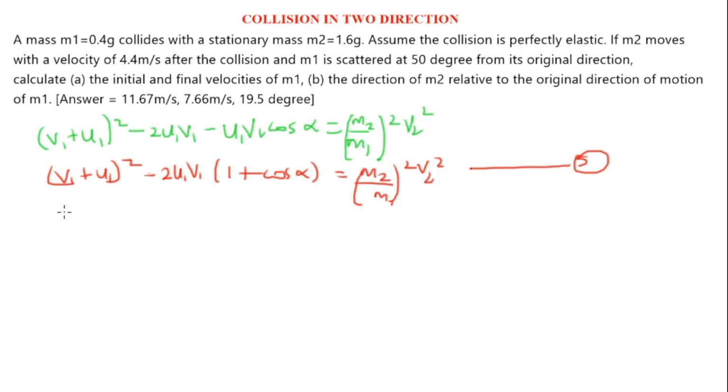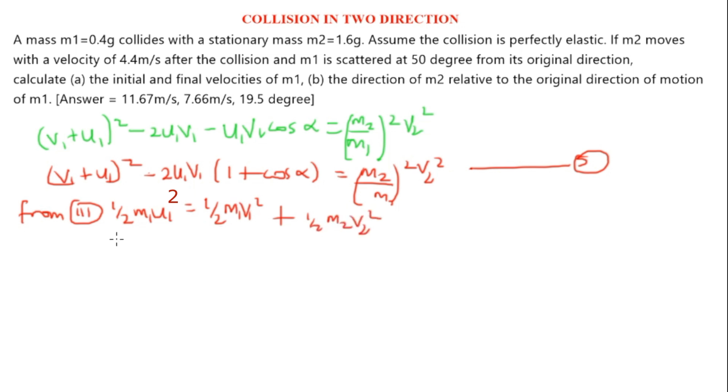Now let's continue from 3. We have just simplified that equation to its least. From 3, remember that 3 is half m1 u1 squared, which is equal to half m1 v1 squared plus half m2 v2 squared.